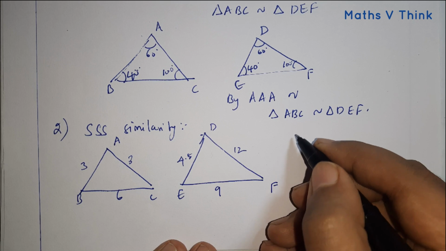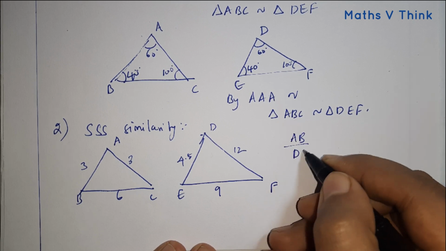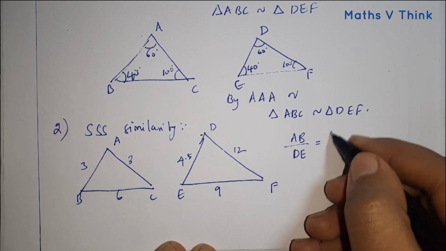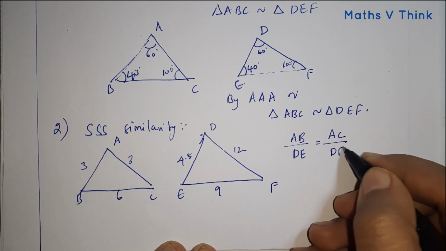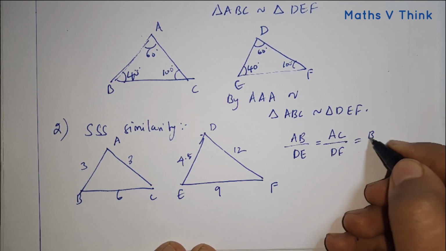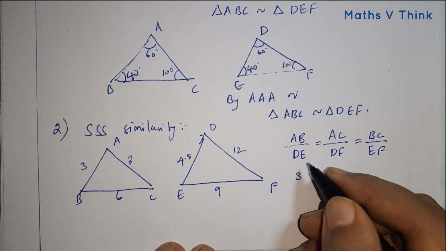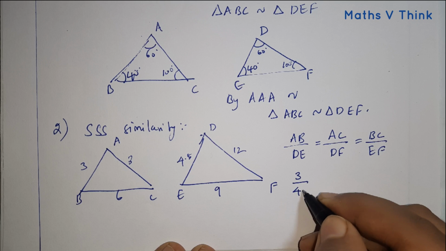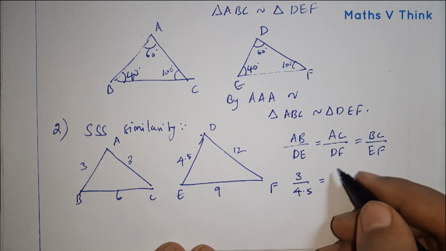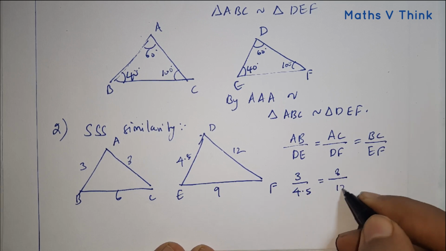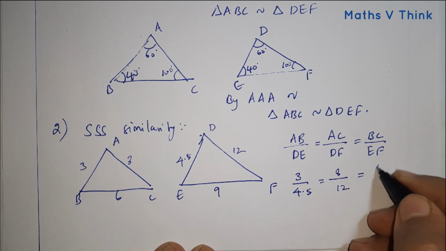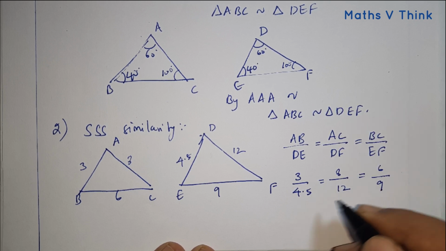So if I check AB by DE is equal to AC by DF is equal to BC by EF. So AB is 3, DE is 4.5, AC is 8, DF is 12, and BC is 6, EF is 9.